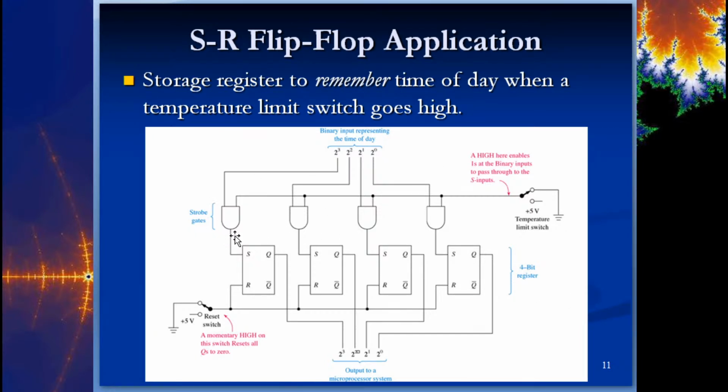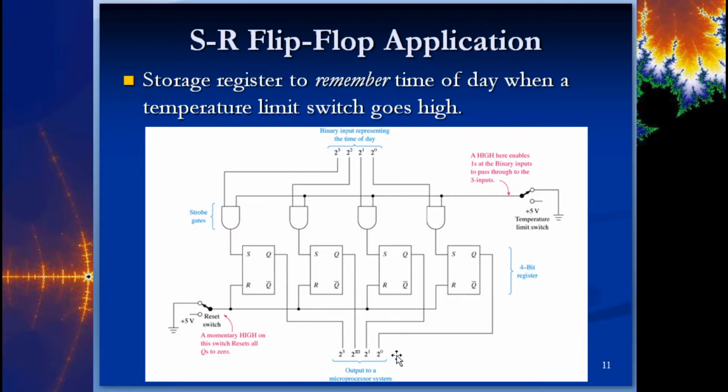Some of the results will be 1, some of them will be 0, but it will essentially pass those values through to these set of flip-flops, right? That is then going to change the Q output, and it's going to retain what that last sort of timestamp was, okay? Because you're setting the flip-flop, so you're changing the output and forcing it high and leaving it high.